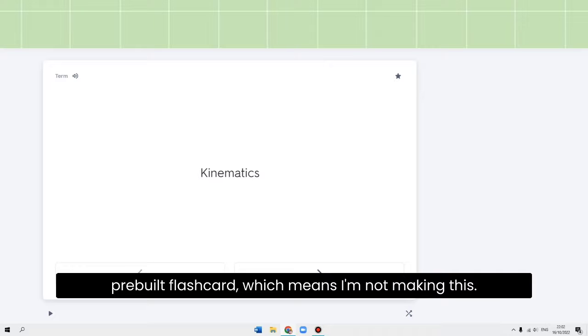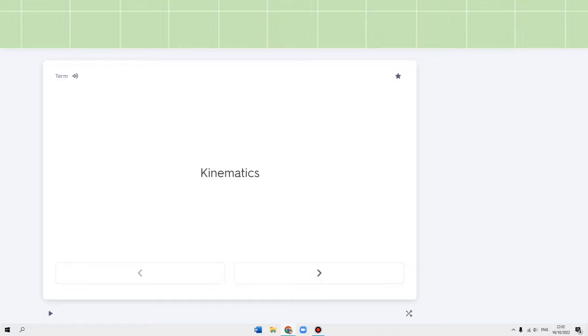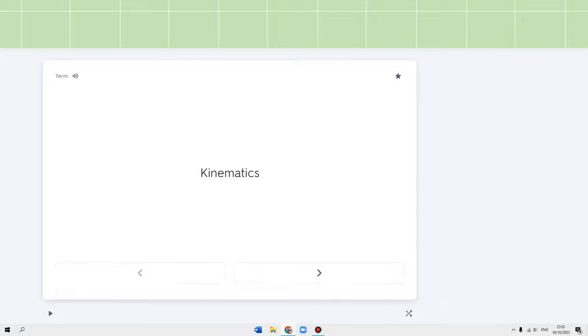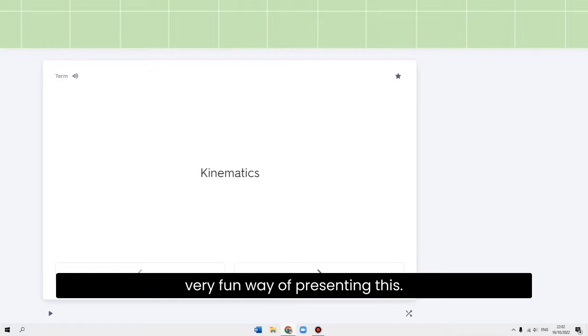I'm not making it; it is from other people, from a website called Quizlet, and I'm here to annotate it. This is going to be a purely flashcard-based and very fun way of presenting. Okay, let's jump right in.